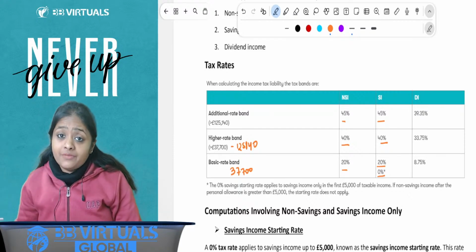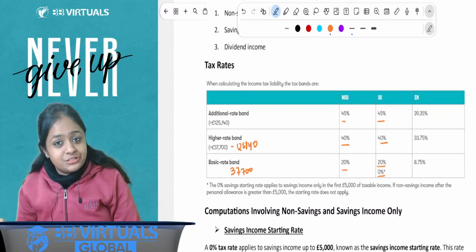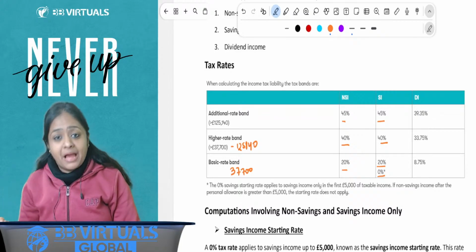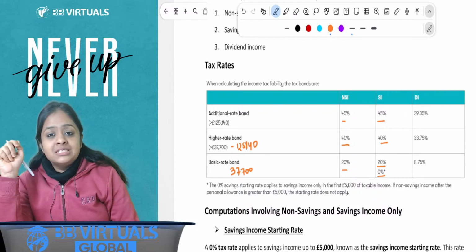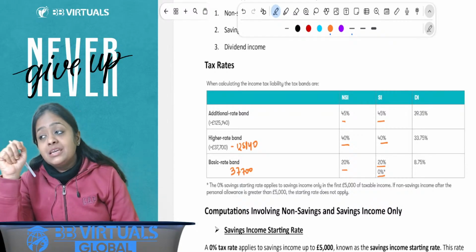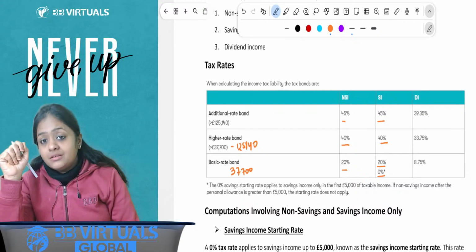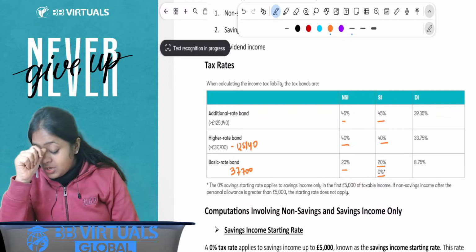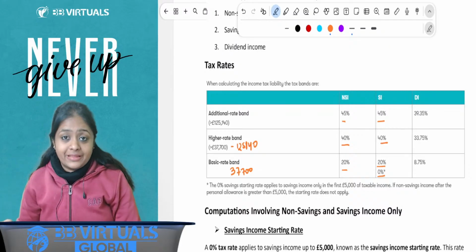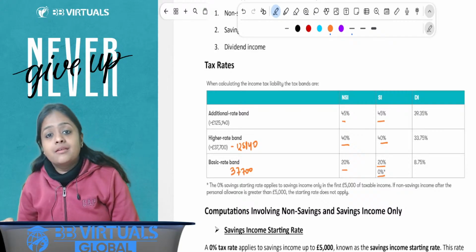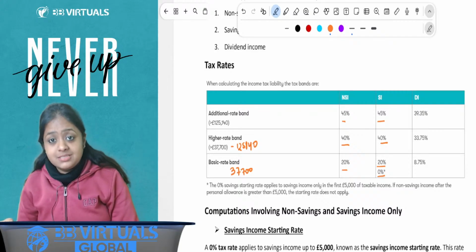When we come to savings income, I want your attention, because then we have two nil rate bands applicable. First is the 5,000 starting nil rate band. Until your NSI crosses 5,000, the difference between the level of NSI and 5,000 is a nil rate band to be adjusted against the savings income.